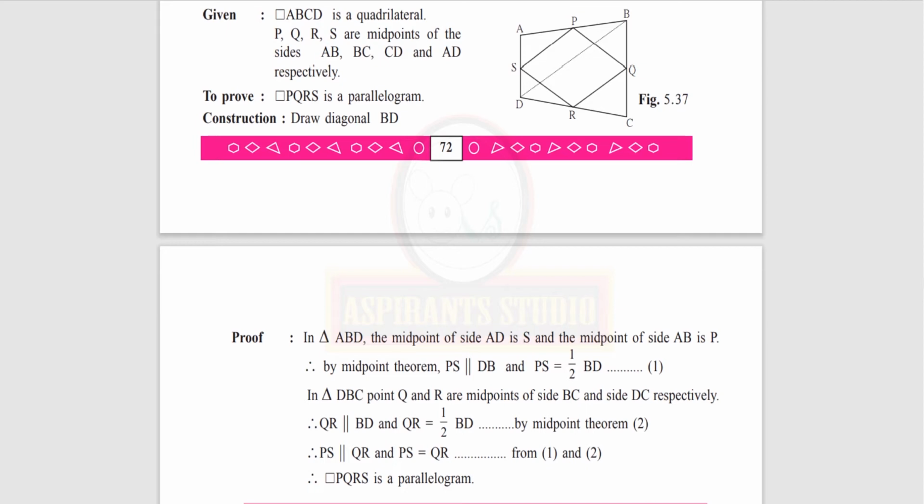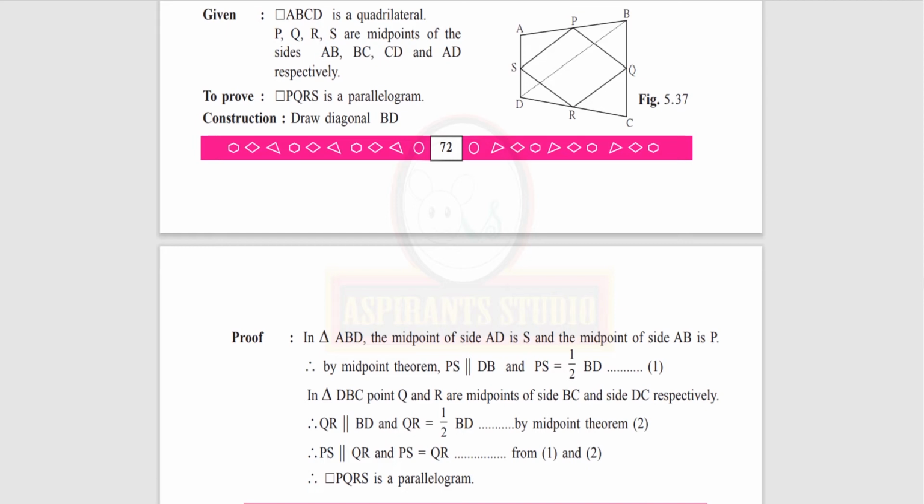Now similarly, in triangle DBC, point Q is the midpoint of side BC and point R is the midpoint of side DC respectively. So by the midpoint theorem, QR is parallel to the third side BD and QR is equal to half of BD.